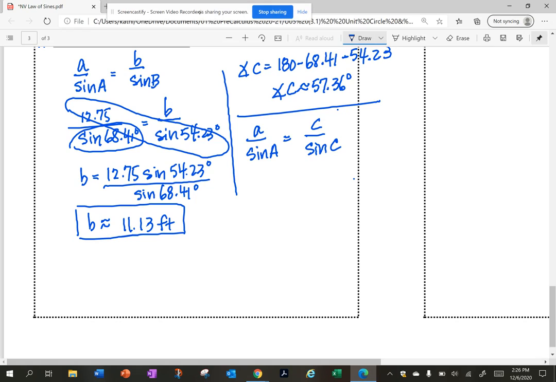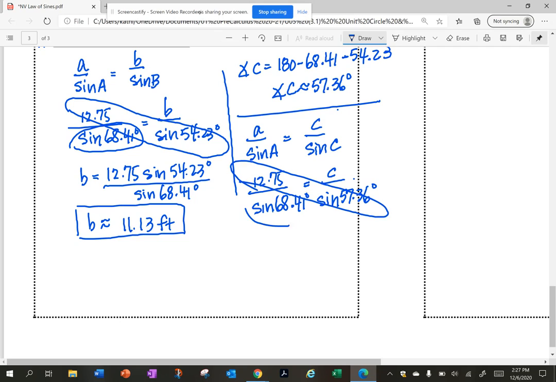I have A is 12.75 divided by the sine of 68.41 degrees equals C over the sine of 57.36 degrees. So again, I'm going to cross multiply these two and divide by my third.